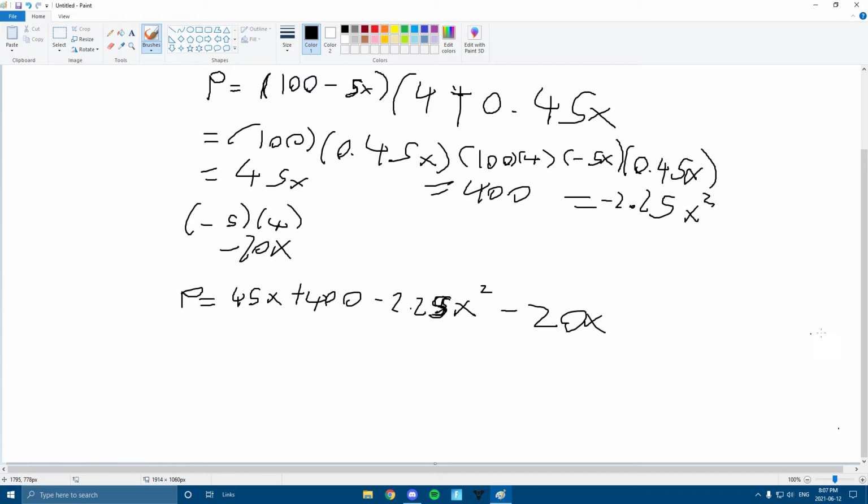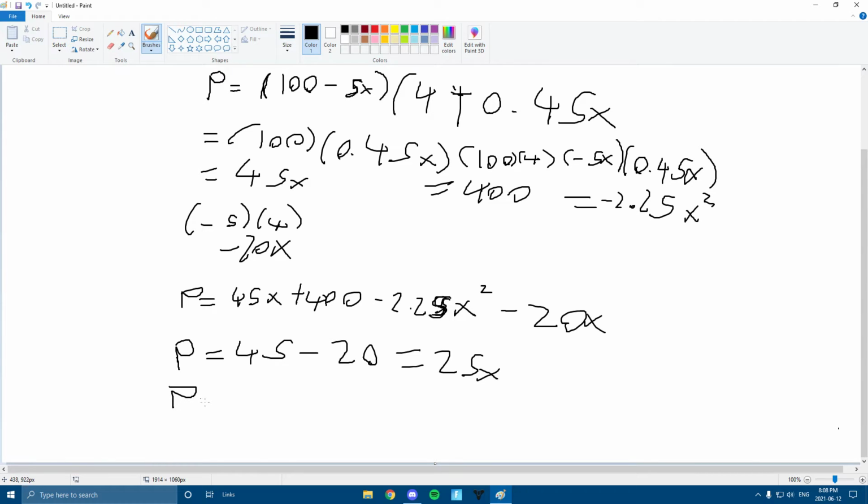After this, we can collect like terms: 45x minus 20x equals 25x.